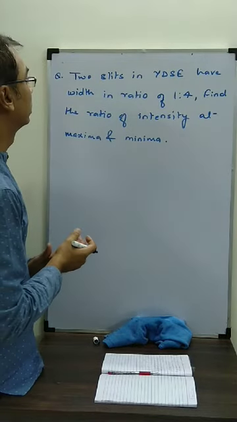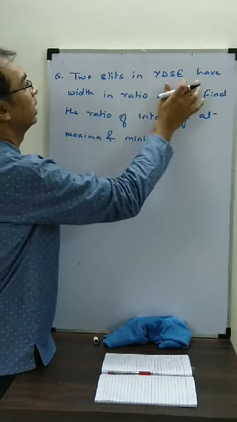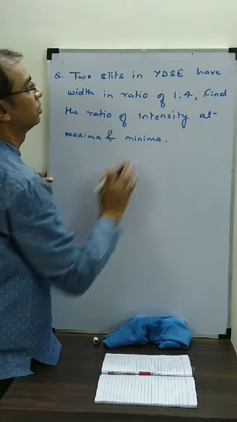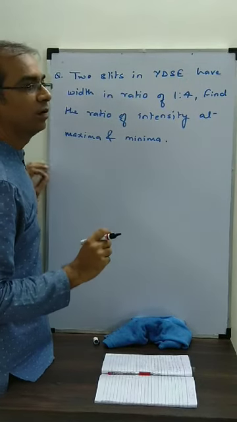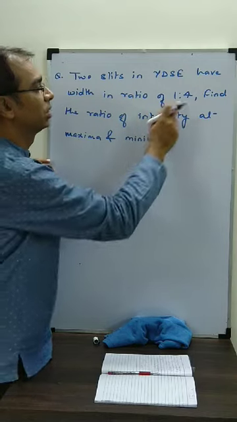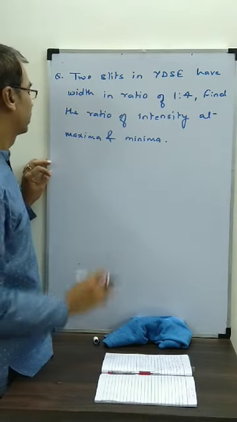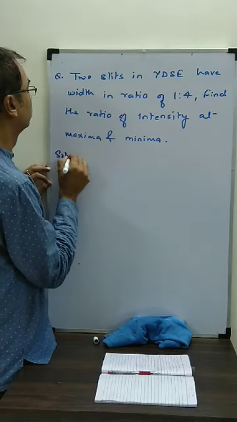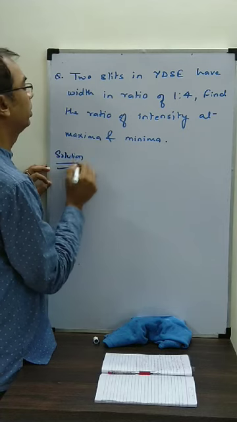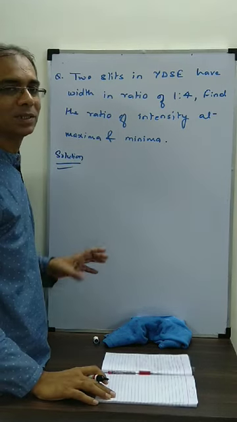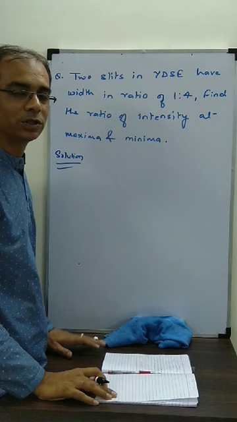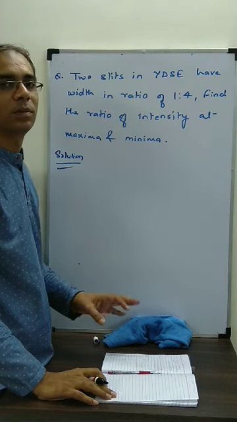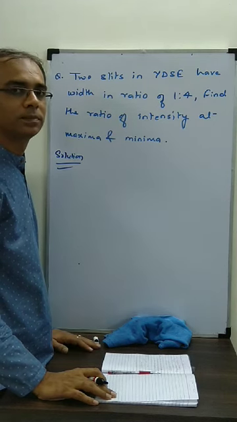Now what is given? Two slits in YDSE have width in the ratio of 1:4. Width of slit is in this ratio. Let's see the solution. When we talk about maxima and minima, maxima means (root I1 plus root I2) whole square. Minima means (root I1 minus root I2) whole square.